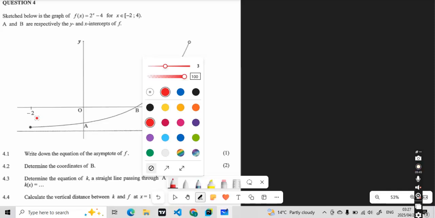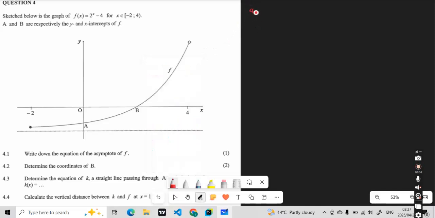Question 4.1: they say you must write down the equation of the asymptote of f. Remember, this is an exponential function.